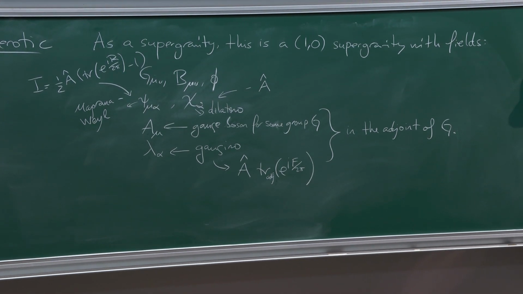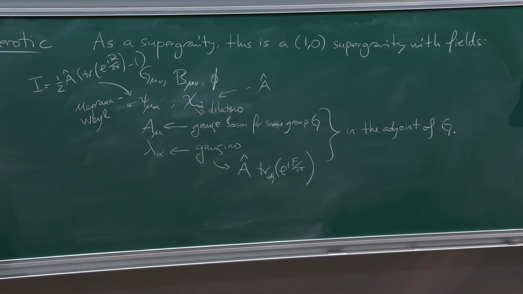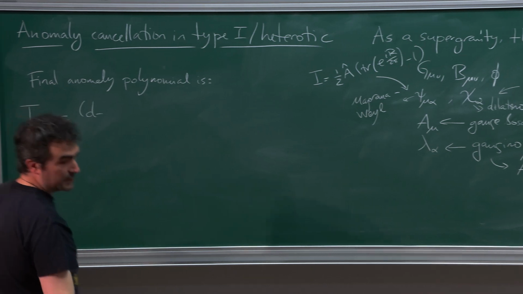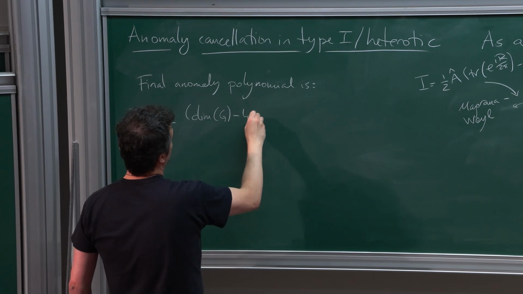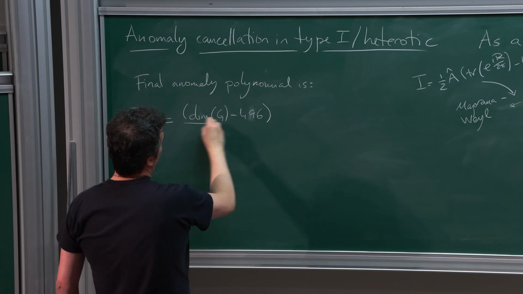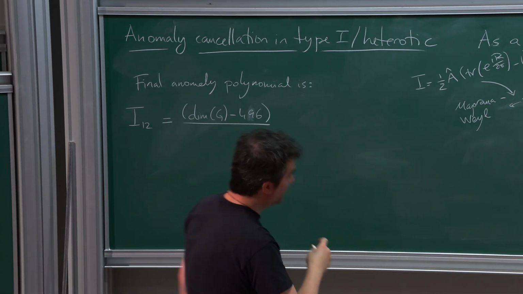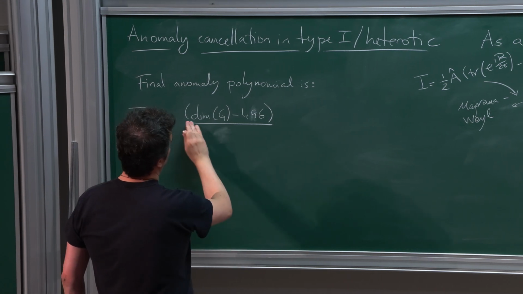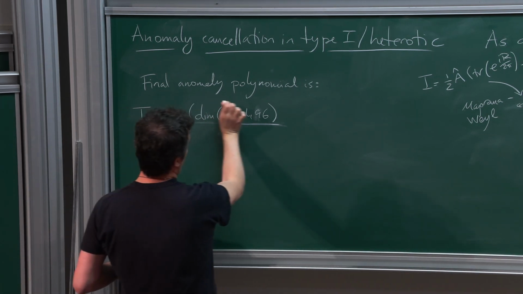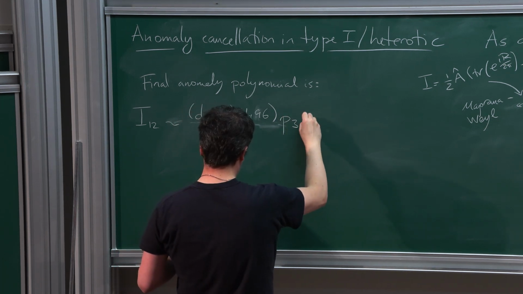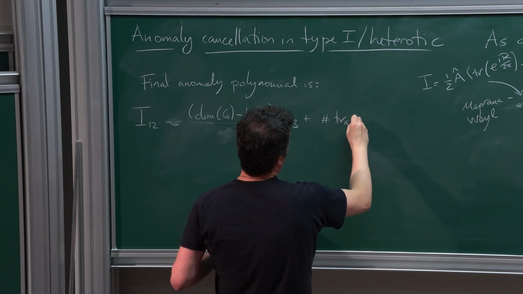So the final anomaly polynomial, adding up all those contributions, is something like the following: (dimension of G minus 496) times P3, up to factors that don't matter too much, plus some number times trace in the adjoint of F cubed.